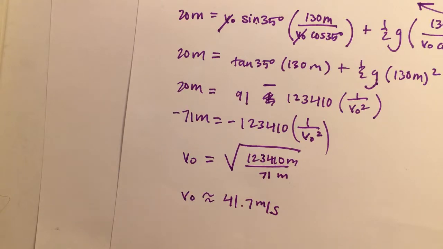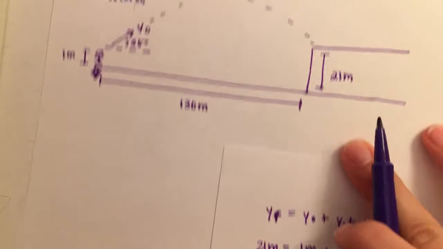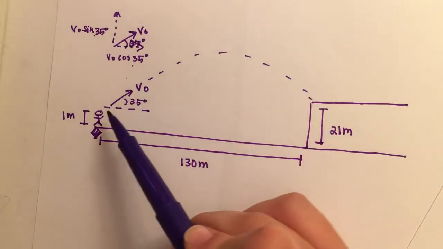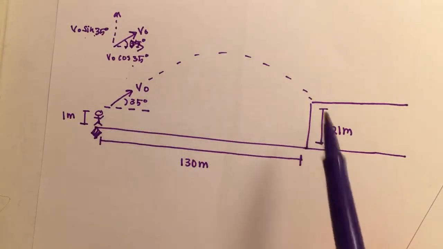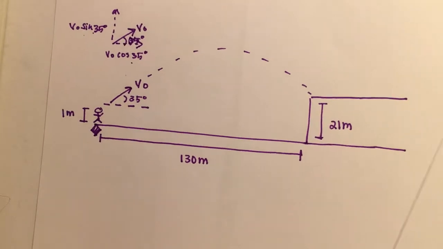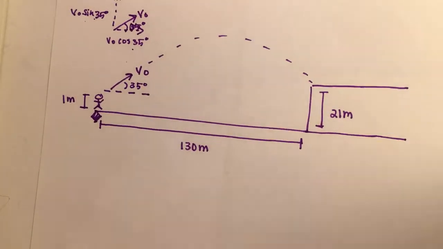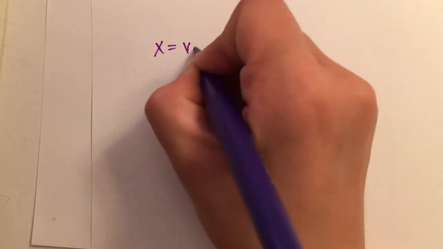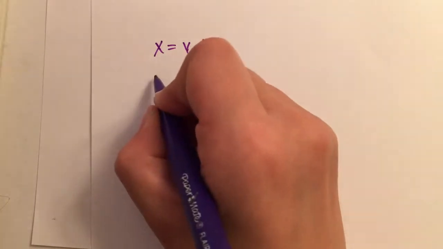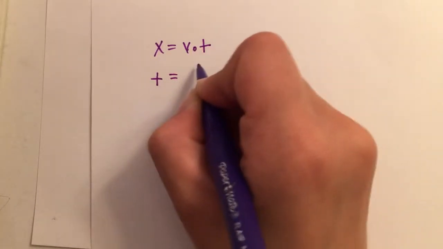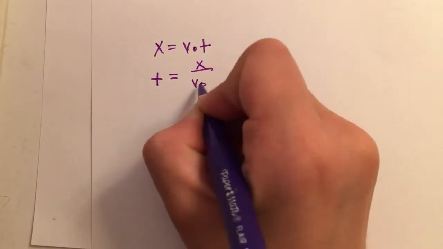Alright, part B is the time interval required for the ball to reach the bleachers. So, the time for the ball to get to the bleachers. We will use another kinematic equation: x equals velocity initial times time. Trying to find the time, so time is equal to x over velocity initial.